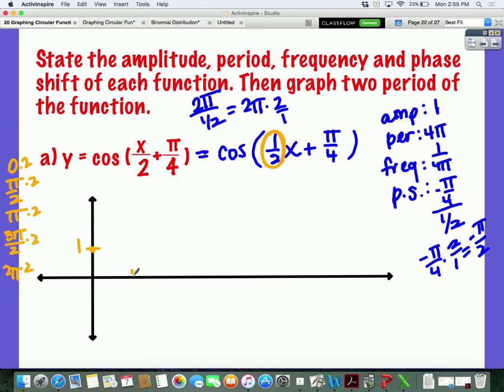No? Okay. Let me go ahead and label this. Since I have to do 2 periods, it's probably going to be a little bit bigger. Okay. So 0 will stay where it is. What's pi over 2 times 2?